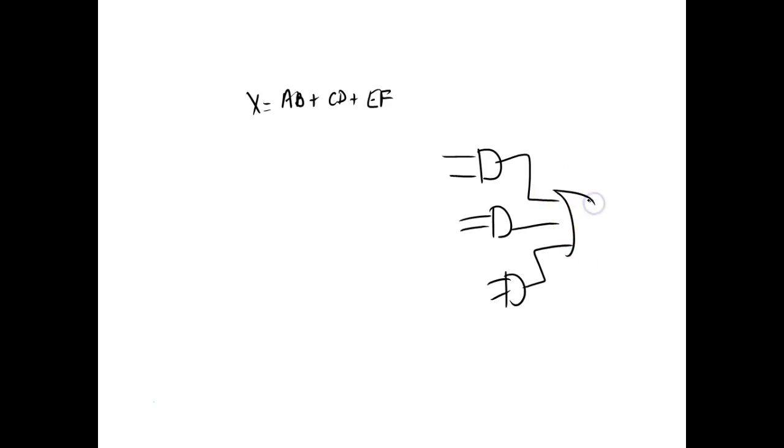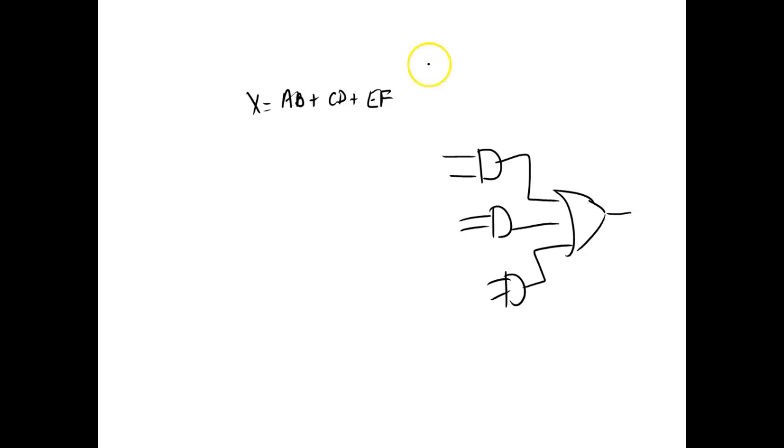So this right here would represent what we call a sum of the products. Because if I drew the circuit for this, I'd have 3 AND gates, right? And then this would feed into a 3 input OR. And that would be the circuit that represents that equation.